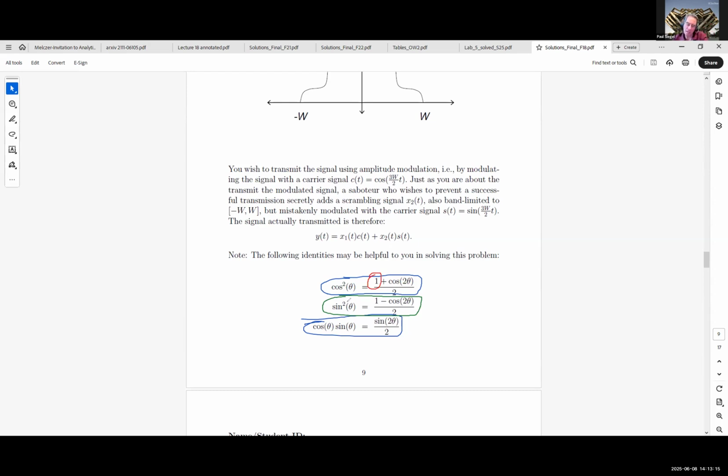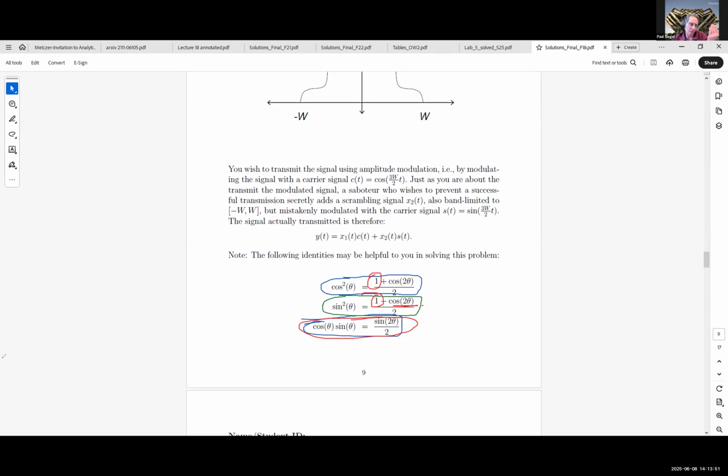So when you multiply by sine by sine, you're again going to get a 1 there, which means you're going to get a copy of x2 in the middle, plus some stuff out here at 2 times the carrier frequency, which is going to be 3W again. And then when you multiply that by the cosine, you're going to use this identity again. It's only going to give you copies of x1 over on the fringes. So it's really the same game. We're just reversing the roles of cosine and sine.